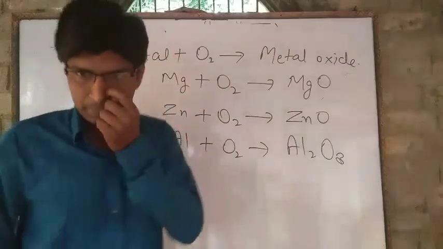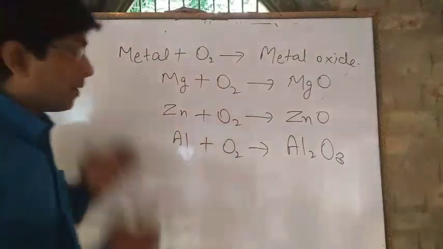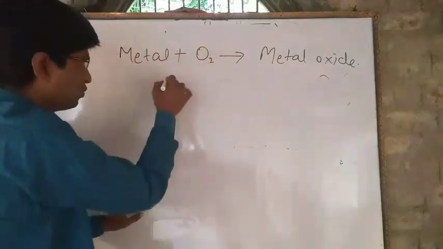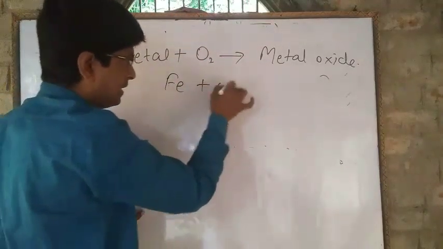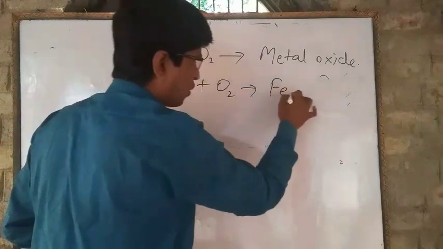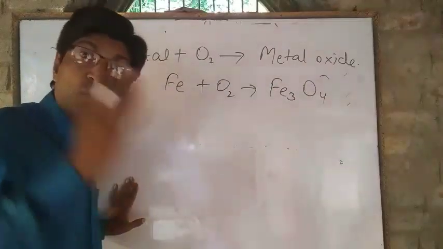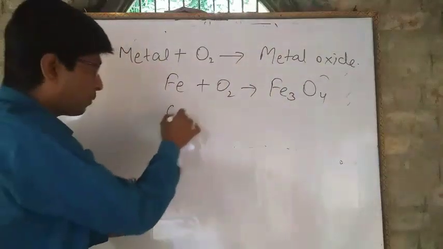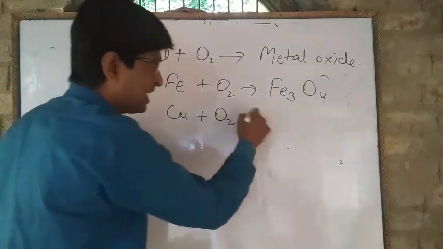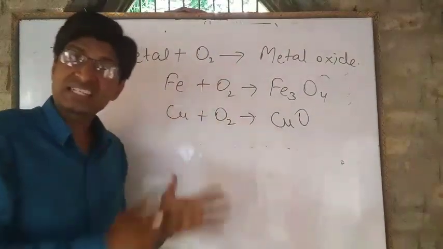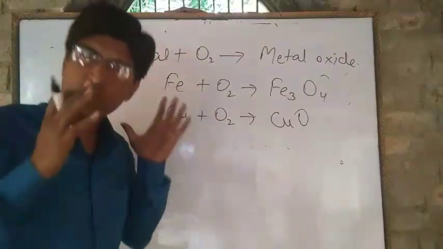When iron and copper react with oxygen, iron produces iron oxide, but this takes place on strong or prolonged heating. Copper reacts with oxygen and produces copper oxide, but this reaction also takes place on prolonged heating.